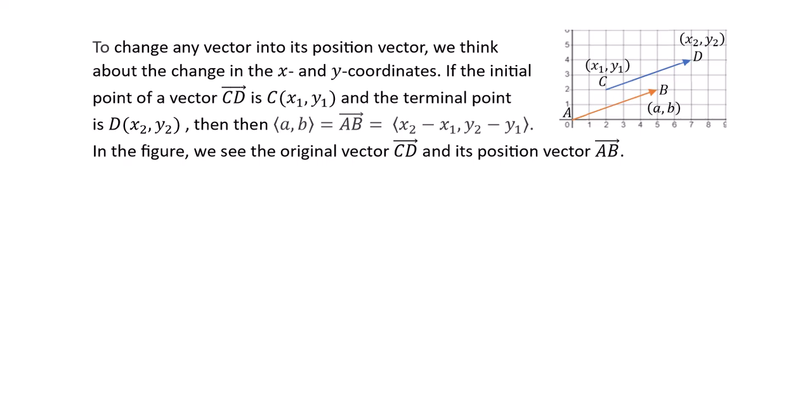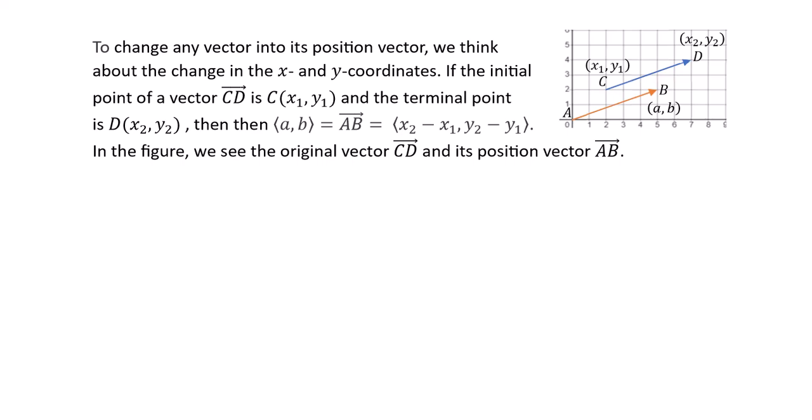If the initial point of a vector CD is C with coordinate (x1, y1), and the terminal point is D with point (x2, y2), then vector AB will be found as x2 minus x1 and y2 minus y1.